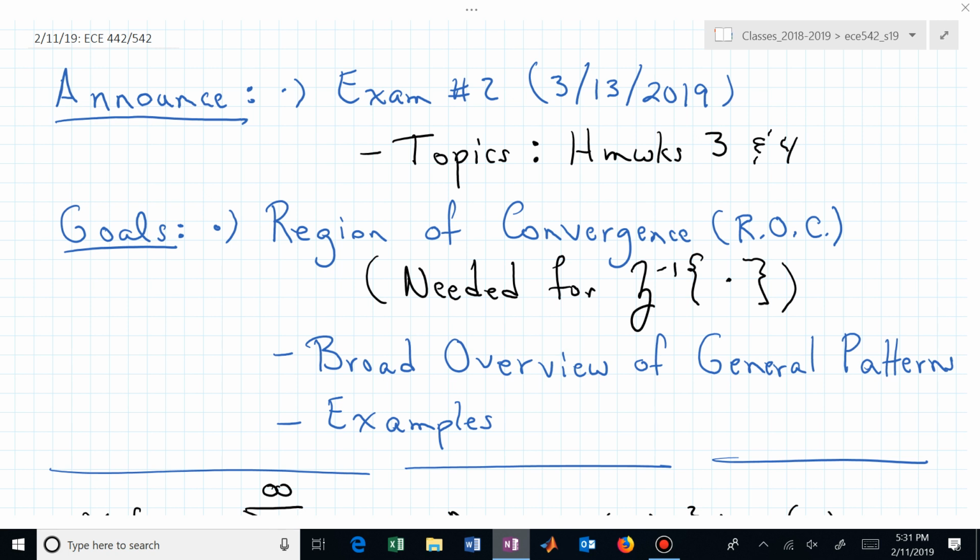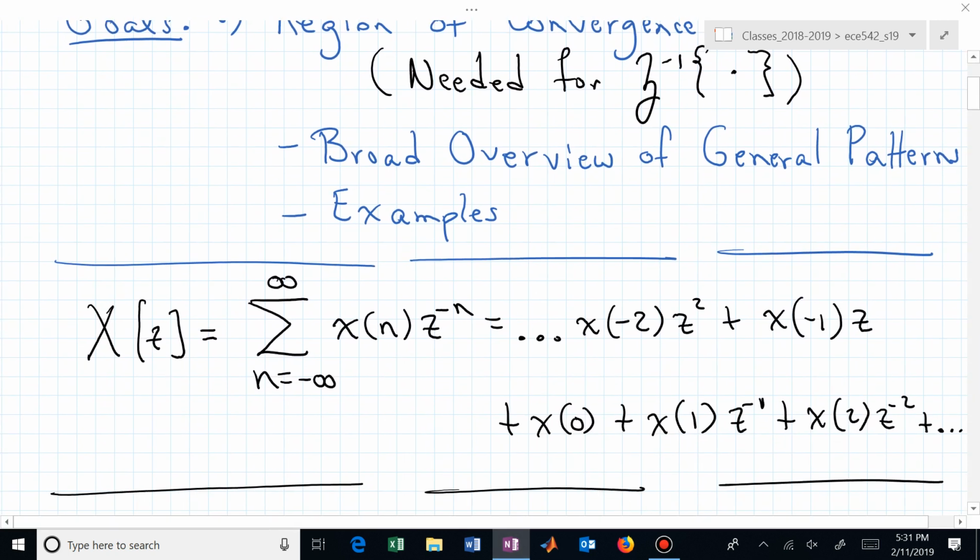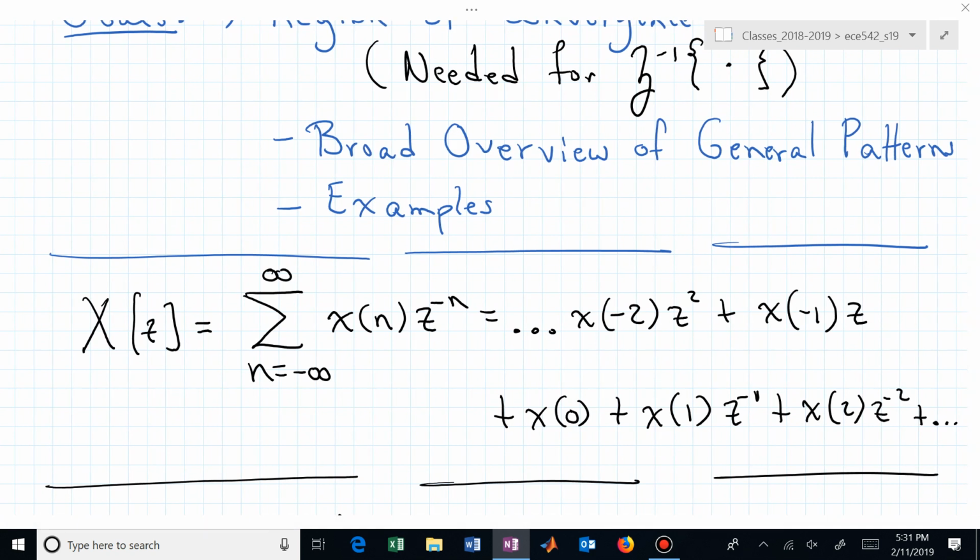The region of convergence is really there to allow these sums to actually be bounded, to have a finite value. And we'll go through some general patterns. So after today you should have a feel for what these regions of convergence might look like in general. There's really just 3 main patterns.